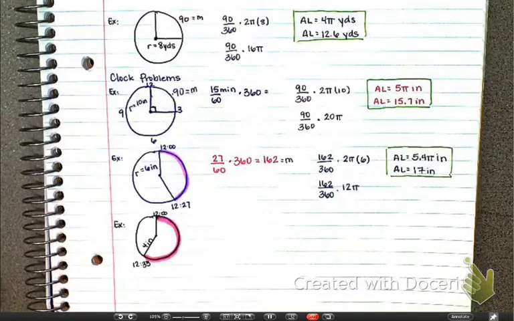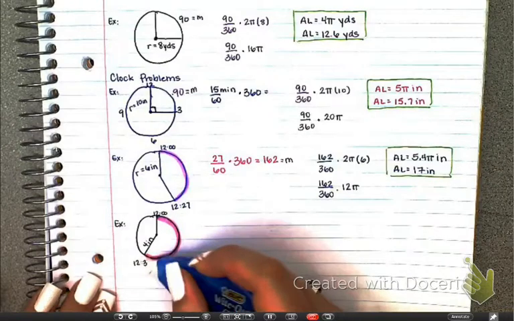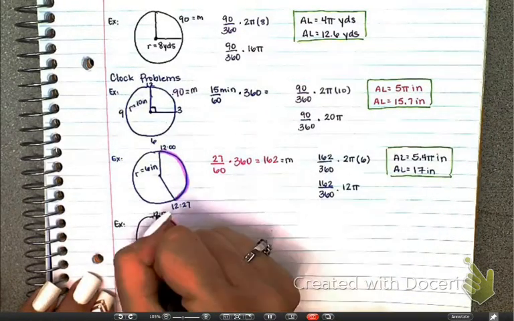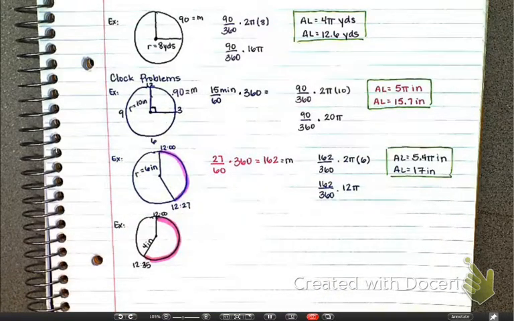Okay. So there's everything you need. I want you to find the arc length. If you're waiting for her to answer these, that means you're struggling with the process. So if you are, just let me know.